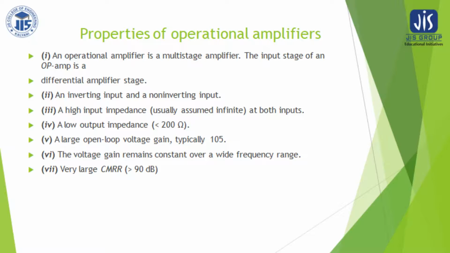So this is the open loop situation in which the output goes to the saturation value, because your output V0 is equal to AOL into VD. Depending on VD being positive or negative, AOL times VD will be the output, and if the output voltage exceeds the biasing voltage, it is limited to either plus V saturation or minus V saturation.